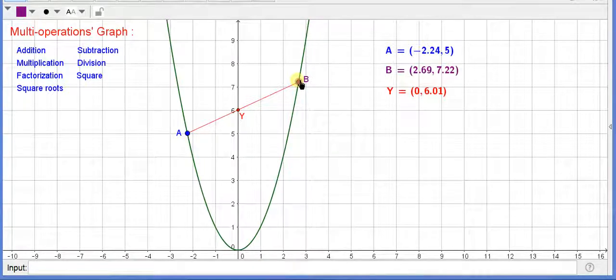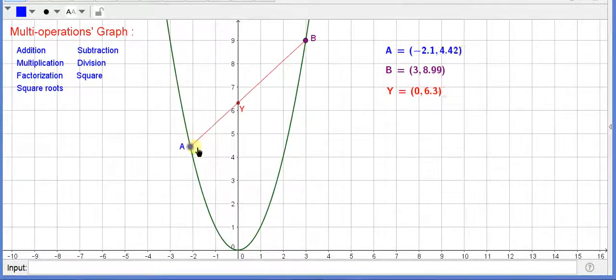Again we'll change the value of this B. So now the value of B is 3 here and 2 is here. 2 means x coordinate of A, and 3 is x coordinate of B. So 2 into 3 is equal to, it is very close to 6.